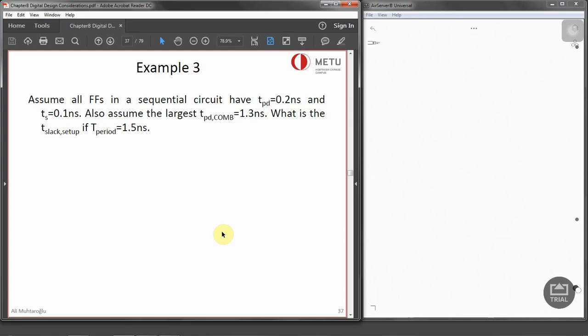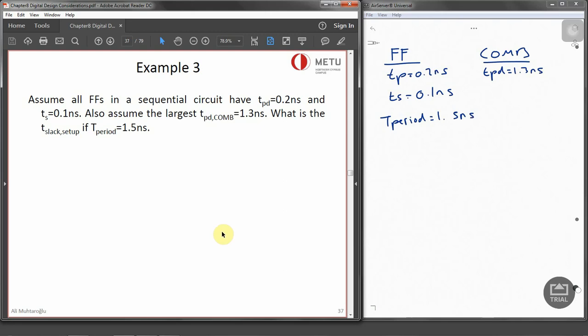Now I have got all the things that are necessary. The flip-flop propagation delay is 0.2 nanosecond and the setup time is 0.1 nanosecond. In the combinational logic, I've got the propagation delay of 1.3 nanosecond. The period is 1.5 nanosecond.